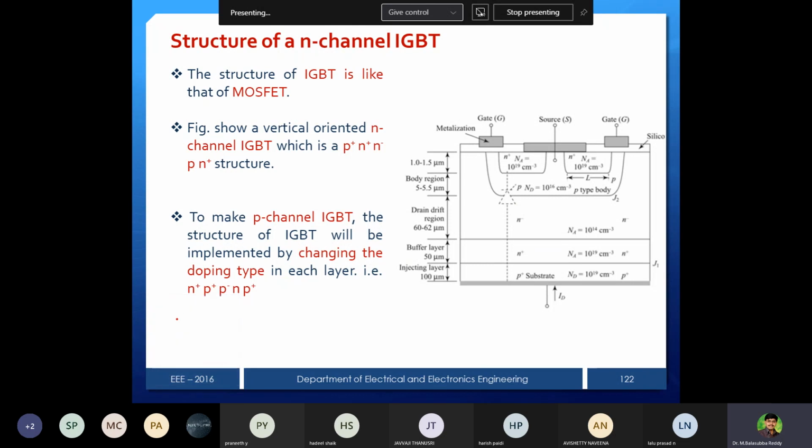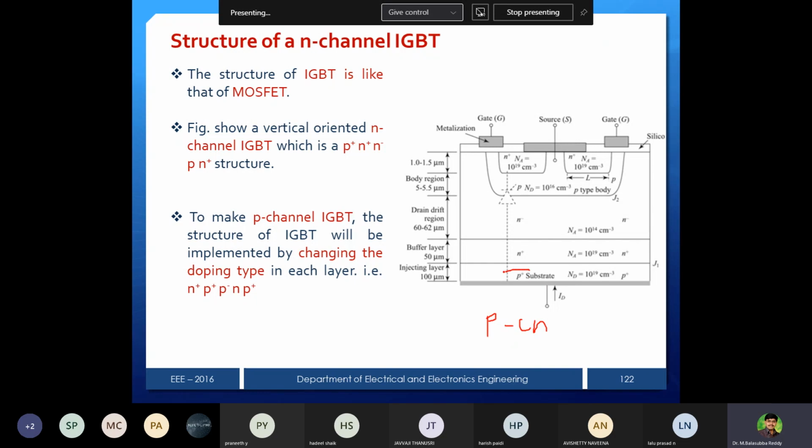And this is an n channel IGBT. Suppose you want to make it a P channel IGBT, then what we can do, like I told in the MOSFET, if you change the doping levels of the layers, automatically we are able to reverse it, either as a P channel or an N channel.